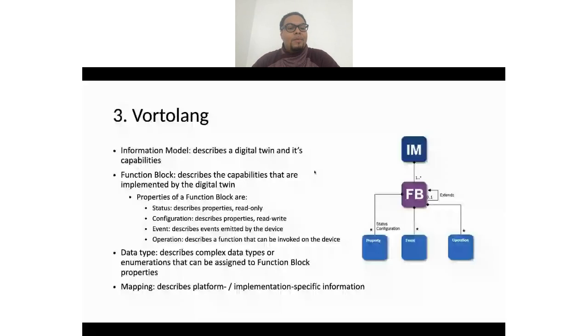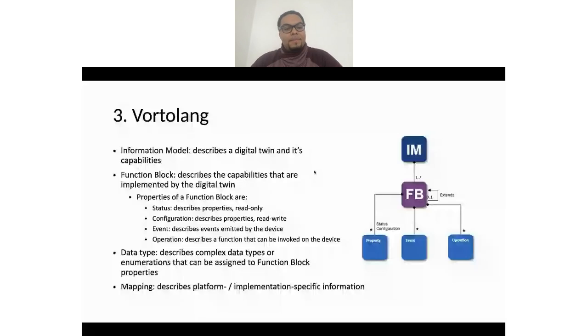While Vorto models are supposed to be platform and implementation independent, so you can reuse them easily, you can create a mapping to add exactly that information. So if you have a concrete implementation with some additional properties that are unique to your implementation, you can use a mapping to add your implementation-specific data to the actual model.